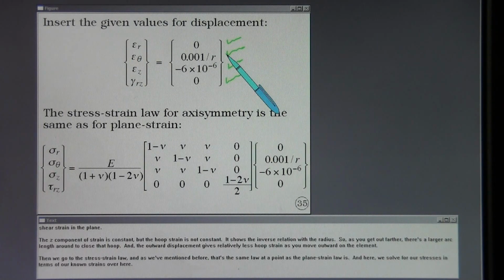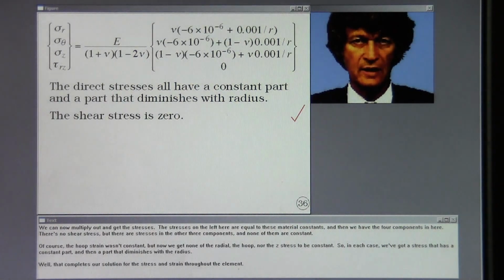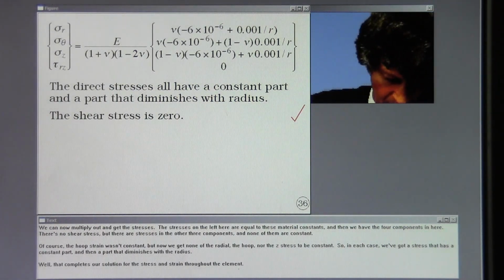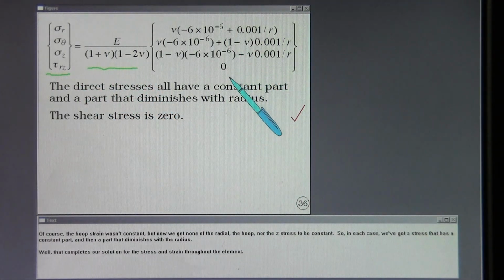Then we go to the stress-strain law, and as we've mentioned before, that's the same law at a point as the plane strain law is. And here we solve for our stresses in terms of our known strains over here. We can now multiply out and get the stresses. The stresses on the left here are equal to these material constants, and then we have the 4 components in here.